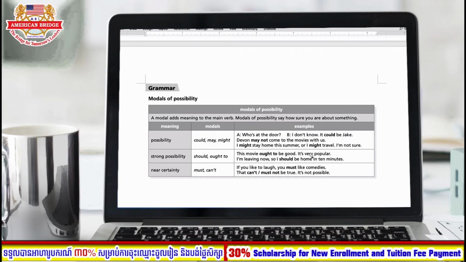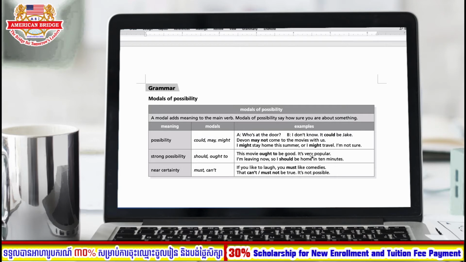If the movie is popular, you think that it ought to be good, but you are not sure. You can go there, maybe you don't like it, you don't know, but it is popular and you think it ought to be good. Okay, so the possibility that the movie is good is around 80%, right?